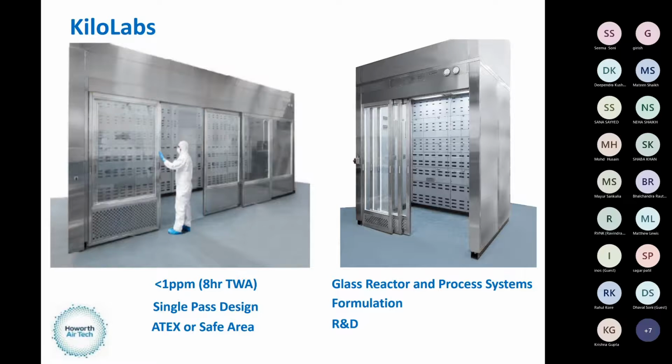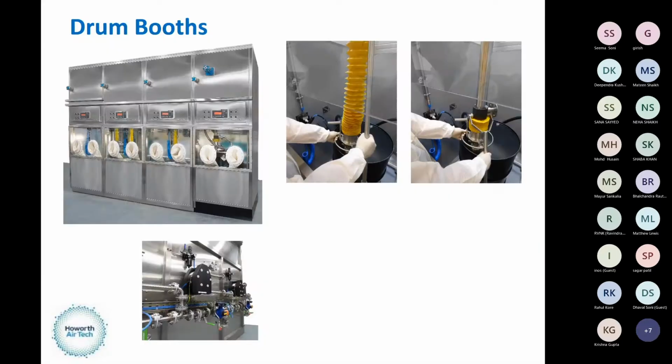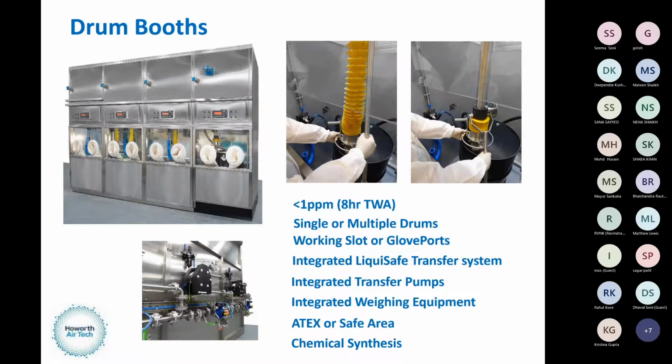So these are becoming more and more common now because the materials that are being handled are obviously becoming more hazardous. And then we move into another technology which is becoming more common: drum transfer booths. There's a regulation called REACH, which is the evaluation of hazardous chemicals.